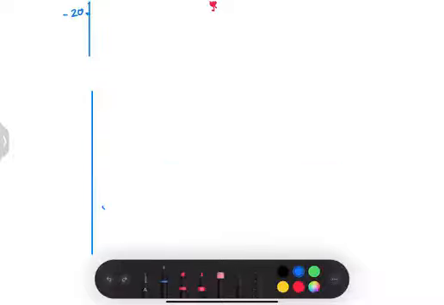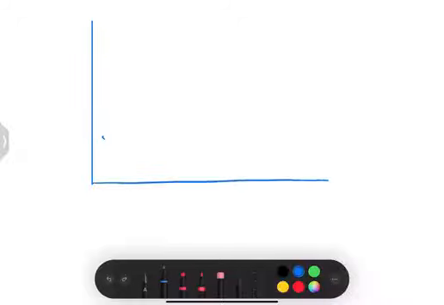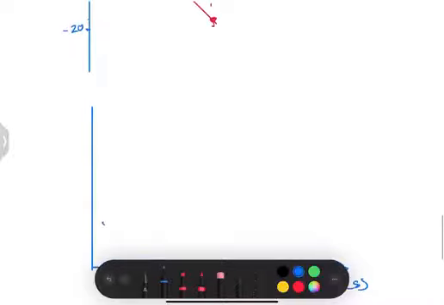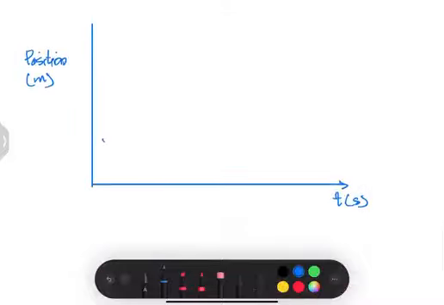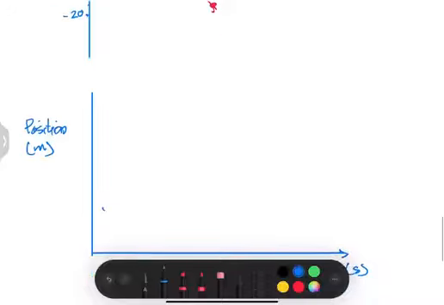In fact, let me do exactly that. If I took the ground as my reference point, then I don't need to actually show the negative axis, right? Because it can't go below the ground. So that would be position versus time. Position is in meters and time is in seconds. And in this case, what would it look like?